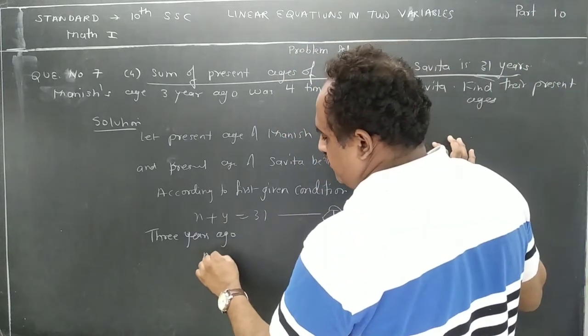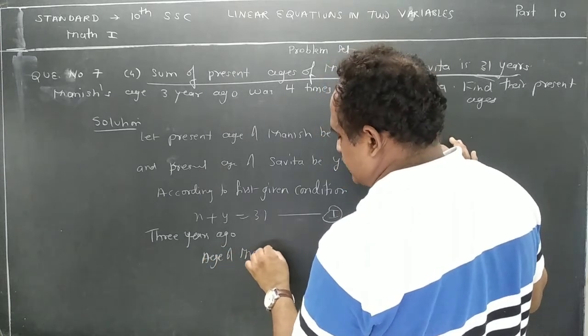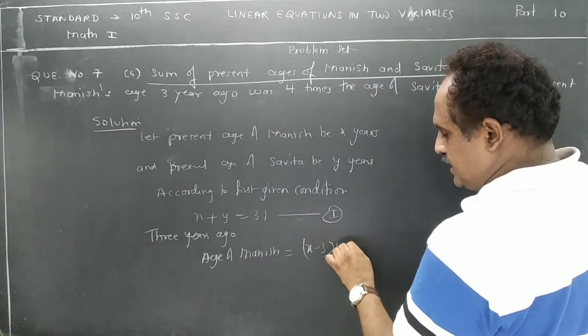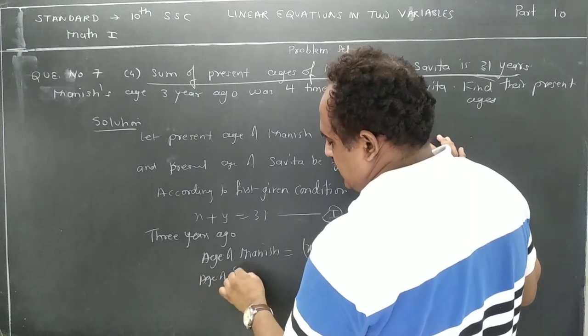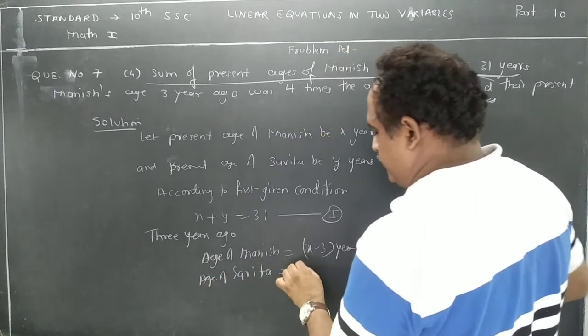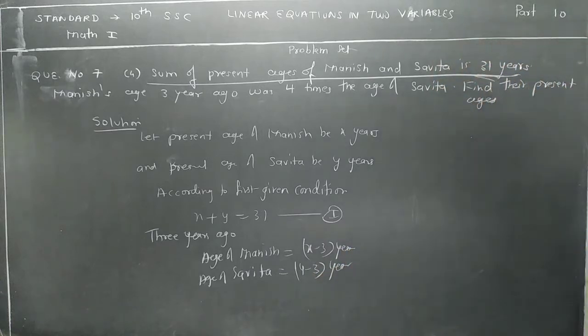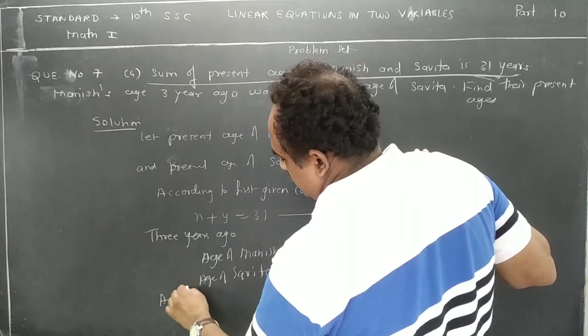The age of Manisha is x minus 3 years, and the age of Savita is y minus 3 years.